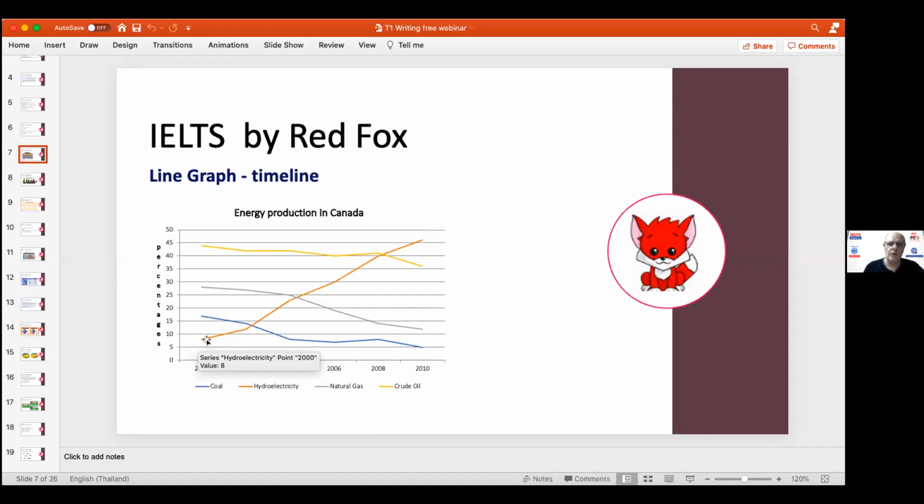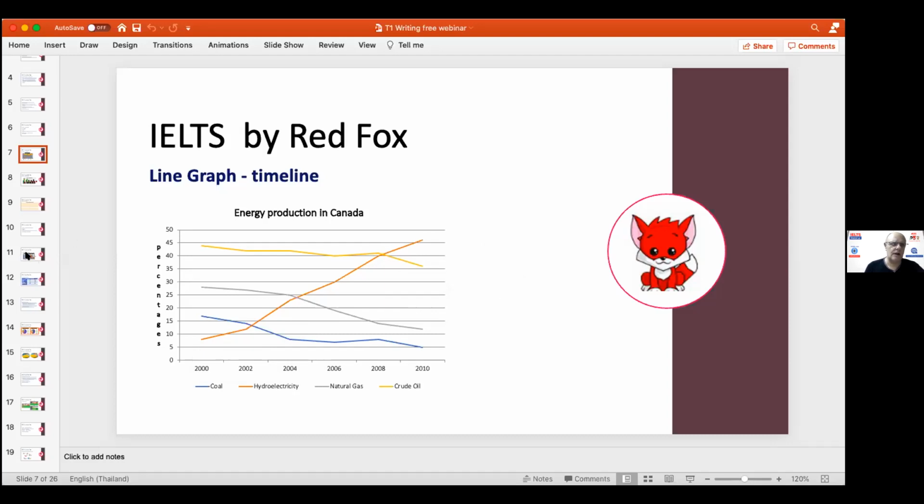So we only need to describe the one change, a continuous and dramatic increase. Overall, the size of this change is significant, so that would be the key feature. We don't want to describe each individual change between the points in time on the timeline, because those are of relative insignificance.